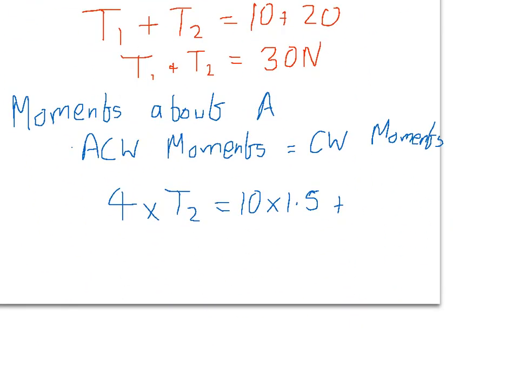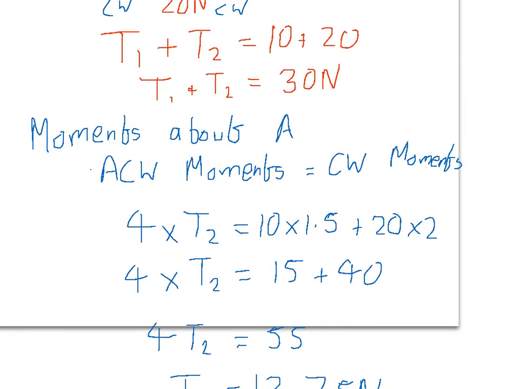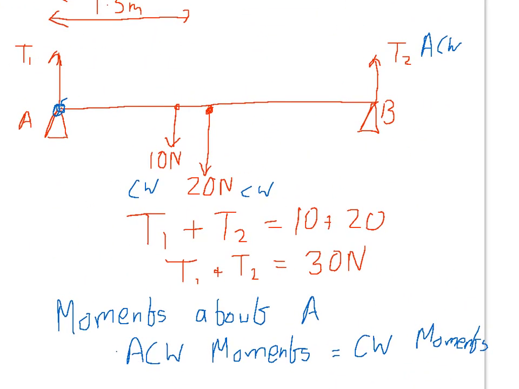So 20 times 2. We tidy this up. We get 4 times T2 is equal to 15 plus 40, which becomes 4T2 equals 55. So T2 is equal to 13.75 newtons.